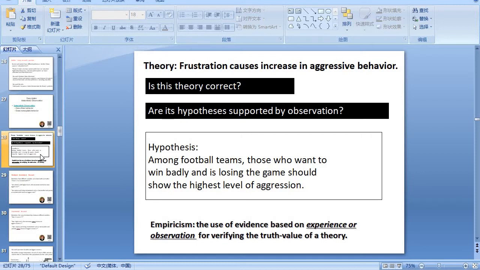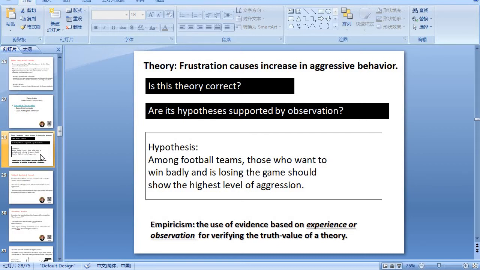I have a theory which says frustration causes an increase in aggressive behavior. And I'm claiming that when people are frustrated, they're more likely to be aggressive. How do I find out whether this theory is supported by evidence or not?